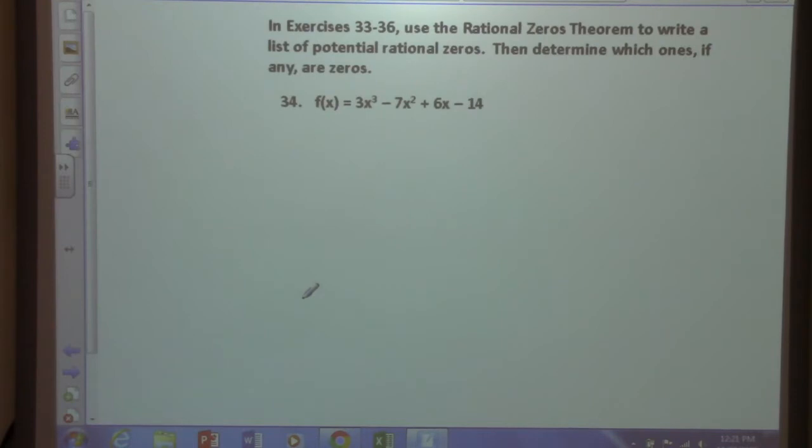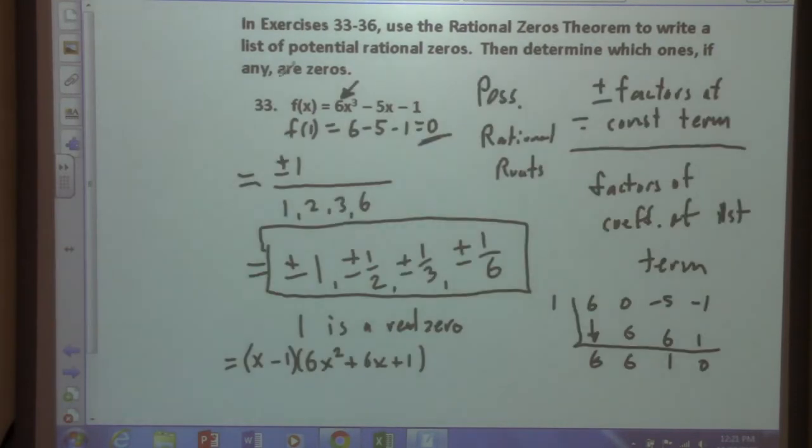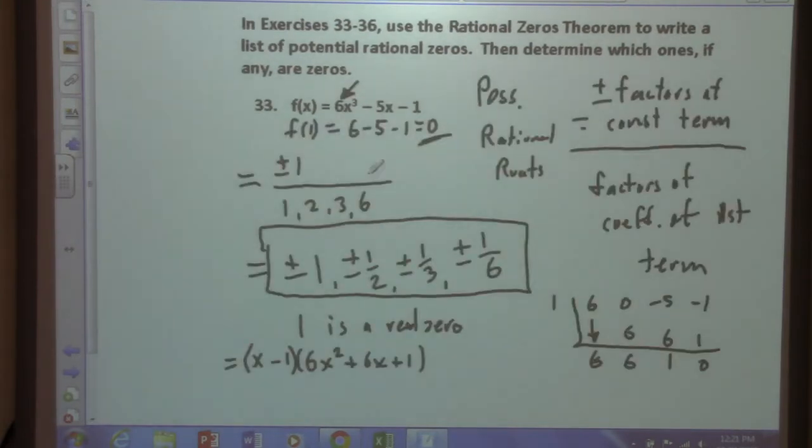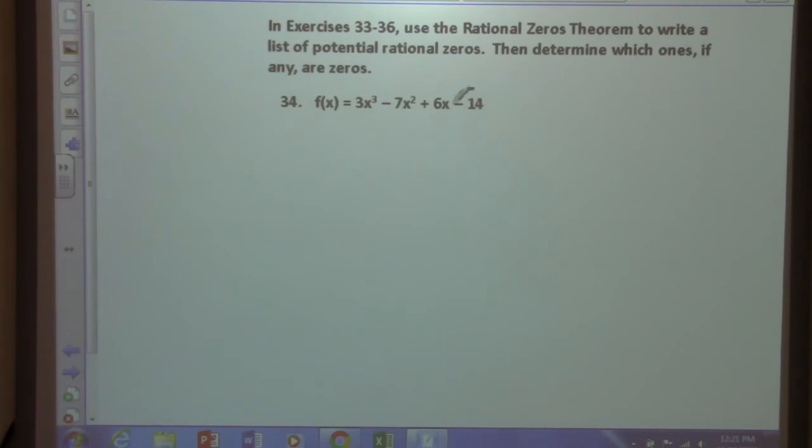Again, let's review here. Your possible rational roots are plus or minus the factors of the constant term. In this case, 14 divided by... Where did you get 14? I got 14 right here.